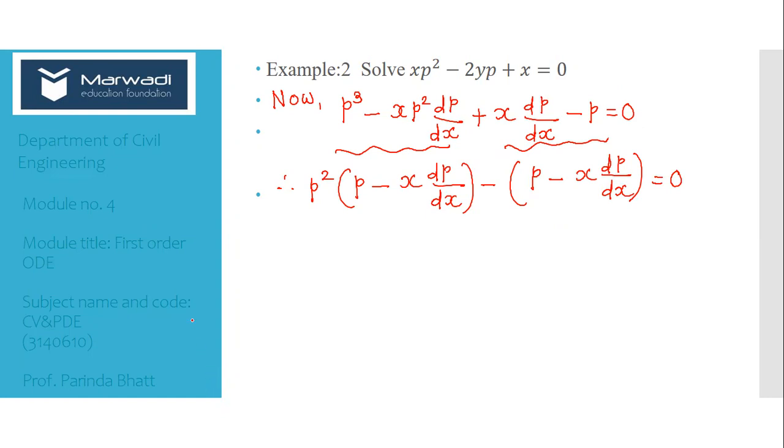Therefore, we are getting two factors. One is p minus x dp by dx, and the other p square minus 1 equal to 0.